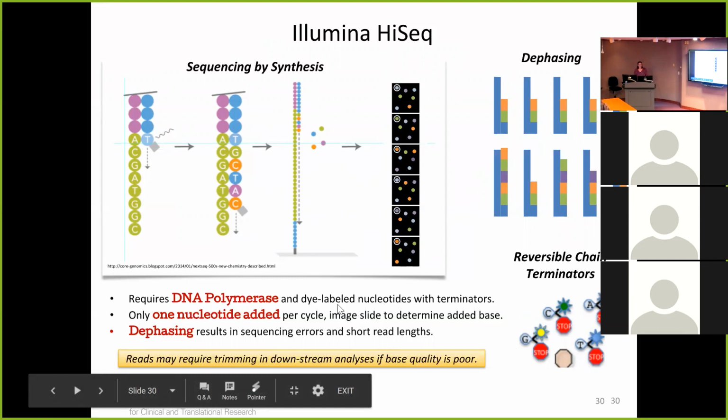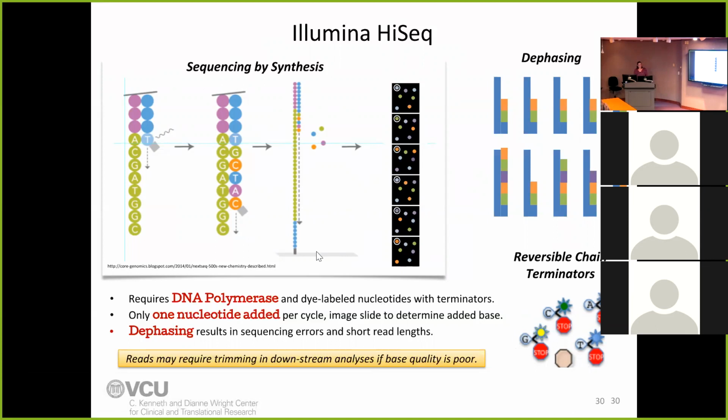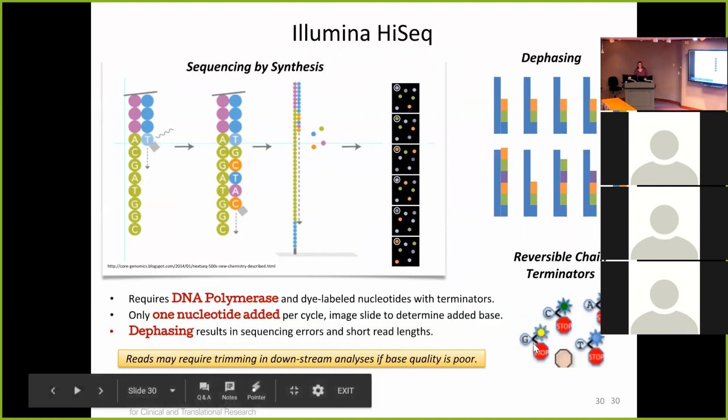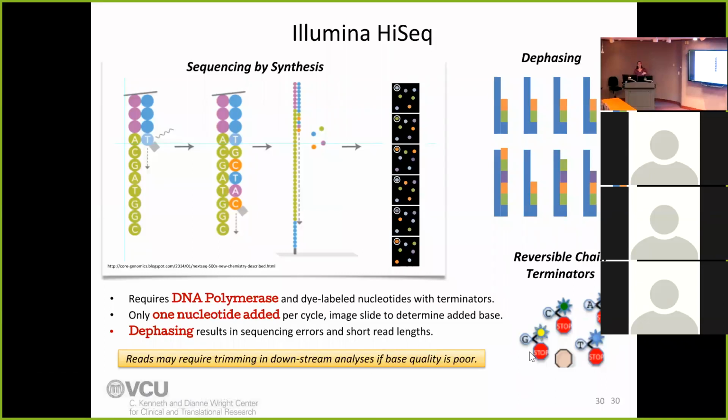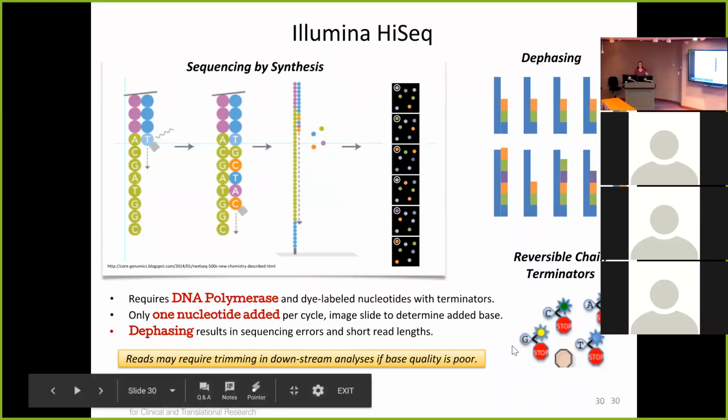Each pass, you have your sequence that is attached to the slide, and it attaches one nucleotide, and then it has this stop on it so that the polymerase gets knocked off and can't add any more except one. It can only add one nucleotide at a time.